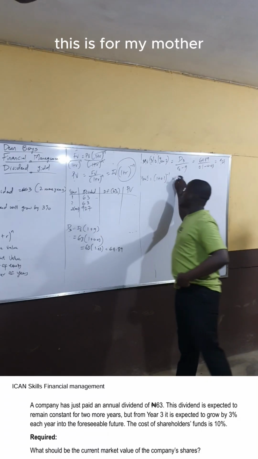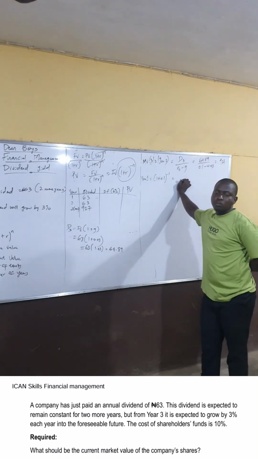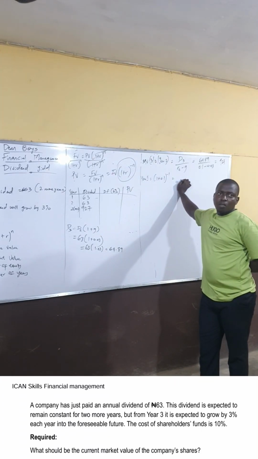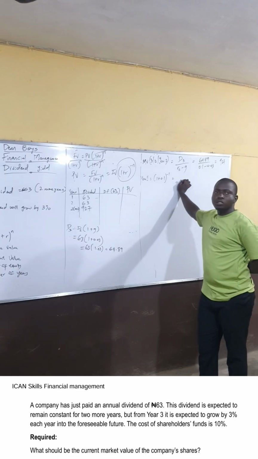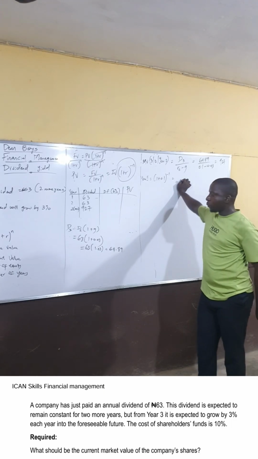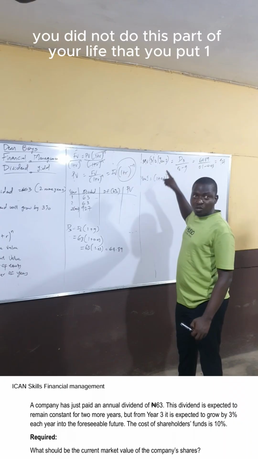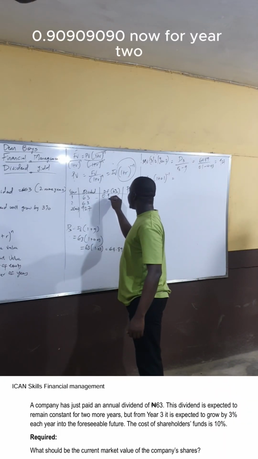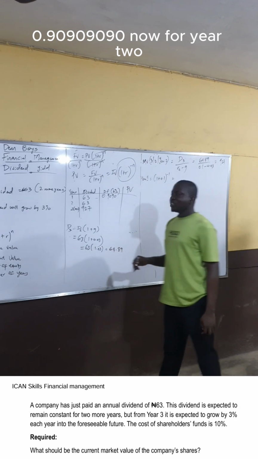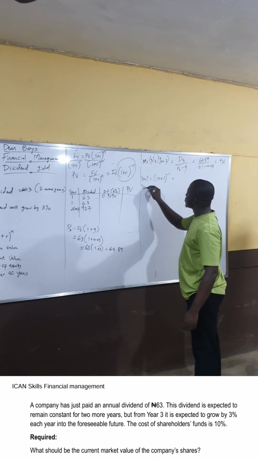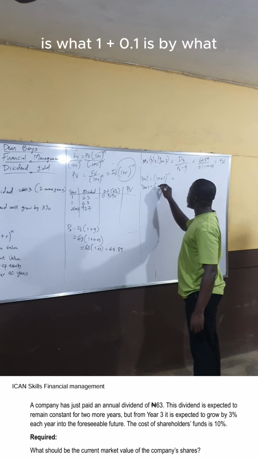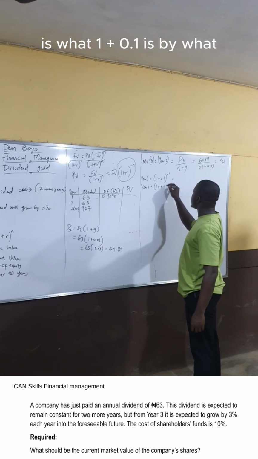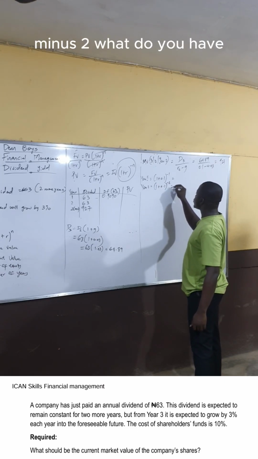It's 0.90. You do not put this power minus 1, you put 1. 0.9090. Now, for year 2 is 1 plus 0.1 to the power minus 2. What do you have?